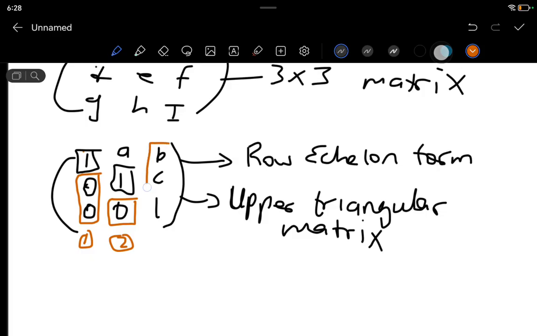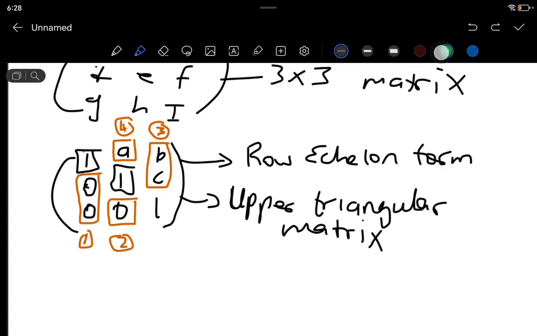You do the third job, change this to a 0. Then you do the last job, you change this to a 0. Making sure that everything that you do, remember I cannot change this to a 0 if this is not a leading 1. I first need to make a leading 1, right? I cannot change this to a 0 if this is not a leading 1. That's why it's very important to do them in that order.